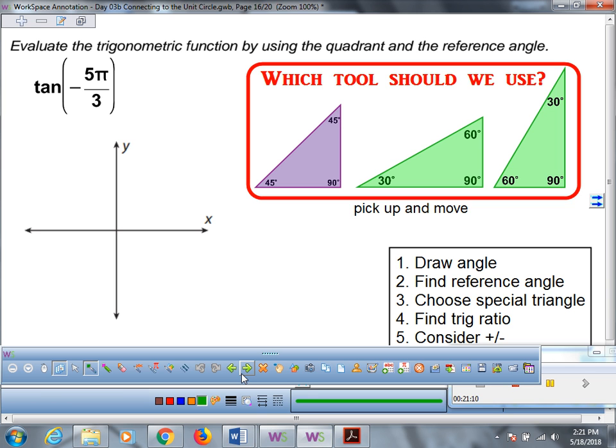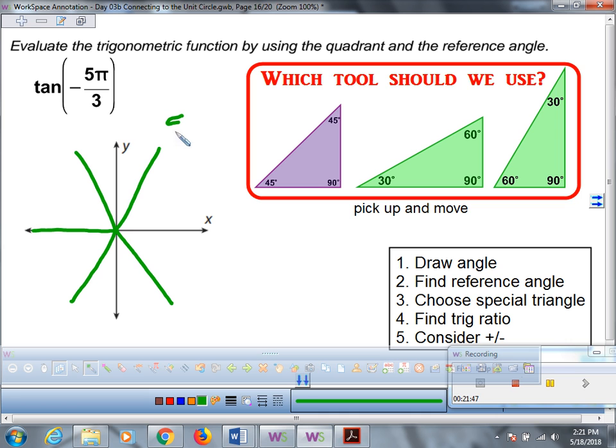Okay, so tangent of negative 5 pi over 3. I'm going negative, so I'm going in this direction. It's pi over 3, so this is 1 pi over 3, 2 pi over 3, 3 pi over 3, 4 pi over 3, 5 pi over 3.